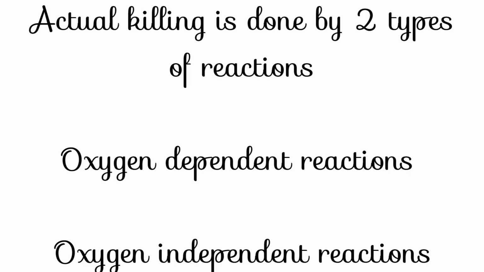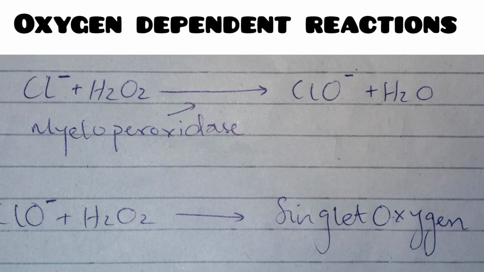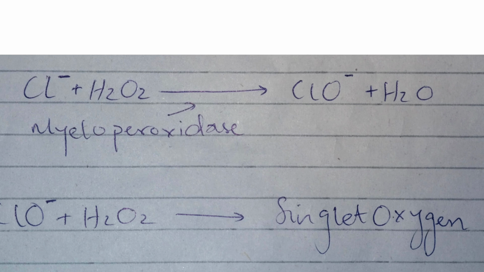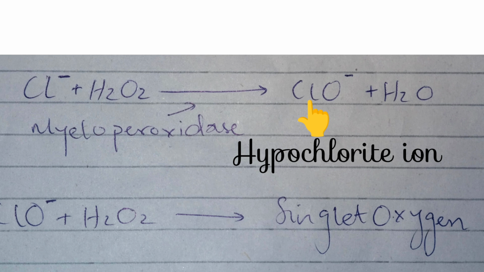The actual killing of microorganisms occurs by a variety of mechanisms which fall into two categories. One is the oxygen dependent reactions and second is the oxygen independent reactions. First we will talk about the oxygen dependent reactions, then we will go through the oxygen independent reactions. The most important oxygen dependent mechanism is the production of highly reactive hypochlorite ion by myeloperoxidase.